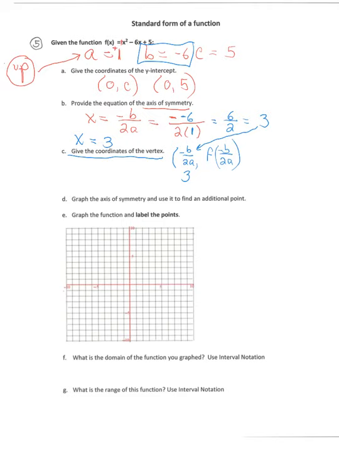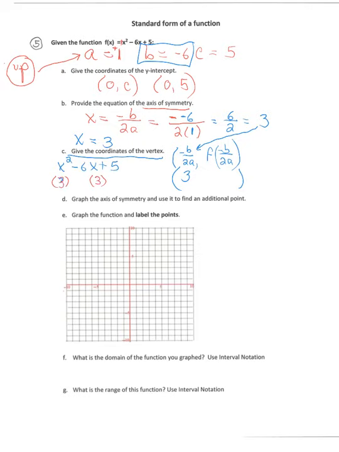So our next part is to substitute that 3 into the equation. It's not hard, but this is the part where we need our calculator. Here's our equation, x squared minus 6x plus 5. We'll make those substitutions in red so that you can see them. We're going to put the 3 in there.